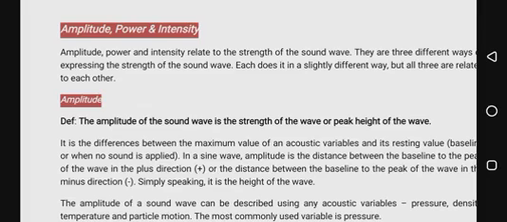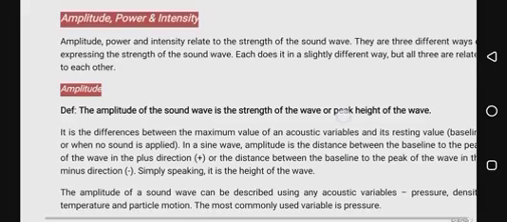to our SPI lecture. So we have been discussing amplitude, power, and intensity. We've discussed amplitude, and we've said this is the difference between the maximum value of acoustic variables and the baseline.